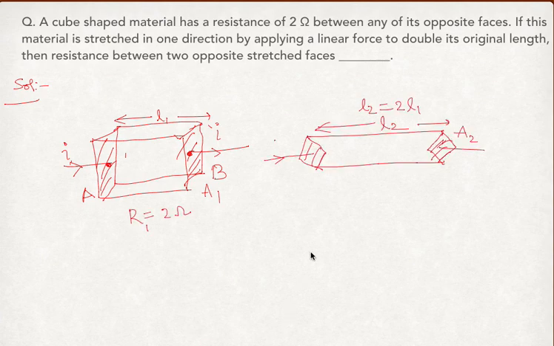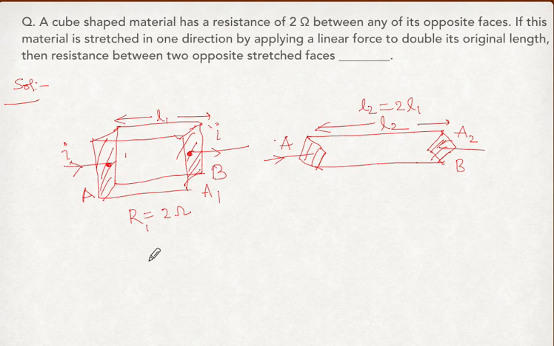Now looking into the question, the points A and B are being stretched so that the final length becomes twice the initial one. So we have L2 equal to 2L1.